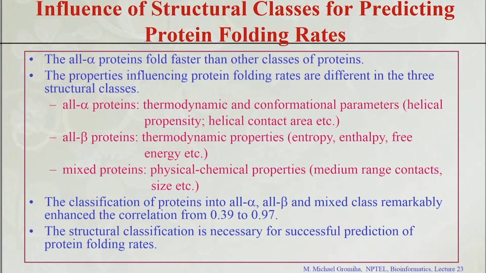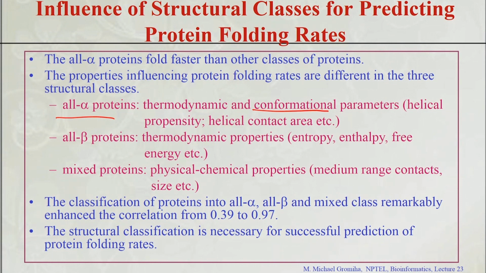So if you classify the proteins based on structures and then use these properties, then we include some of the topology aspects, because different classes have different folds. So then we did that. In this case we see that for all alpha proteins there are some specific parameters, like the conformation parameters, that are important.